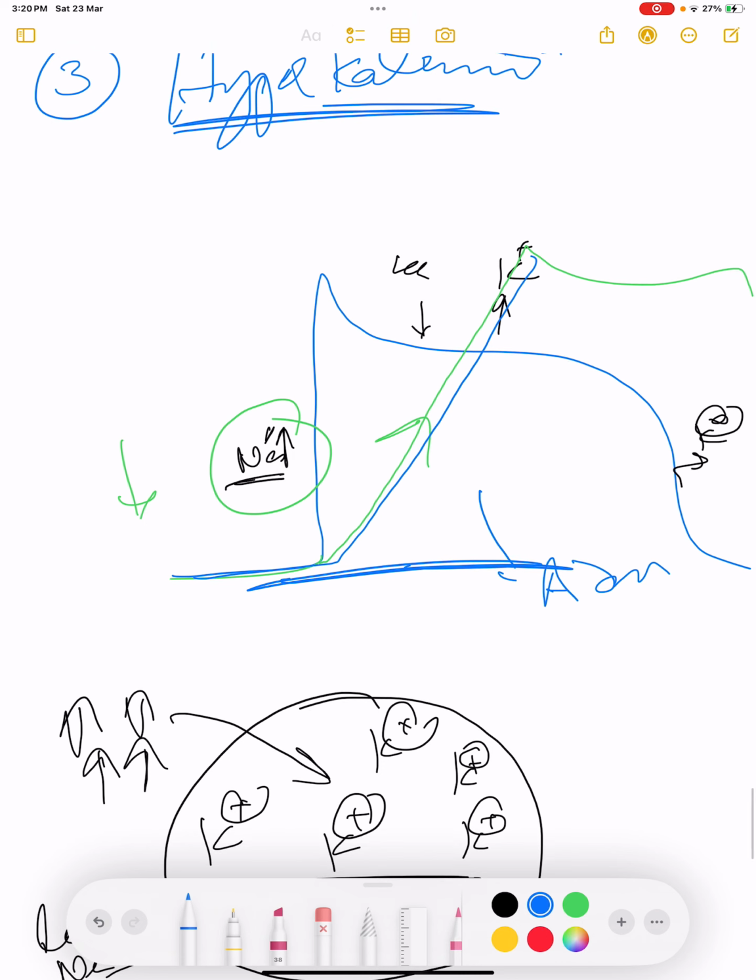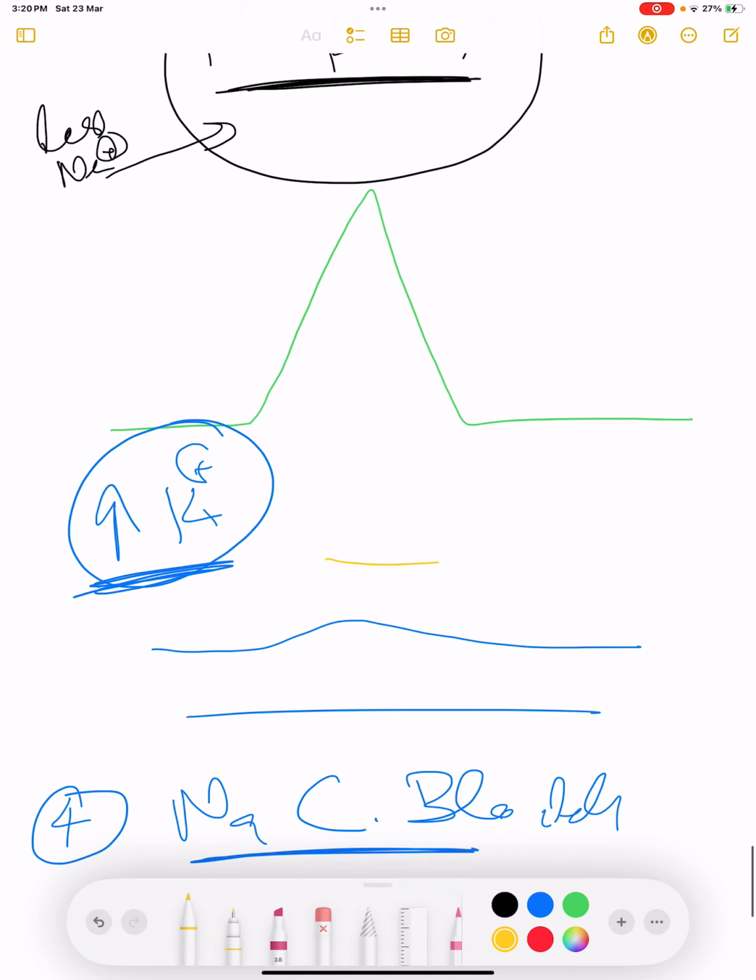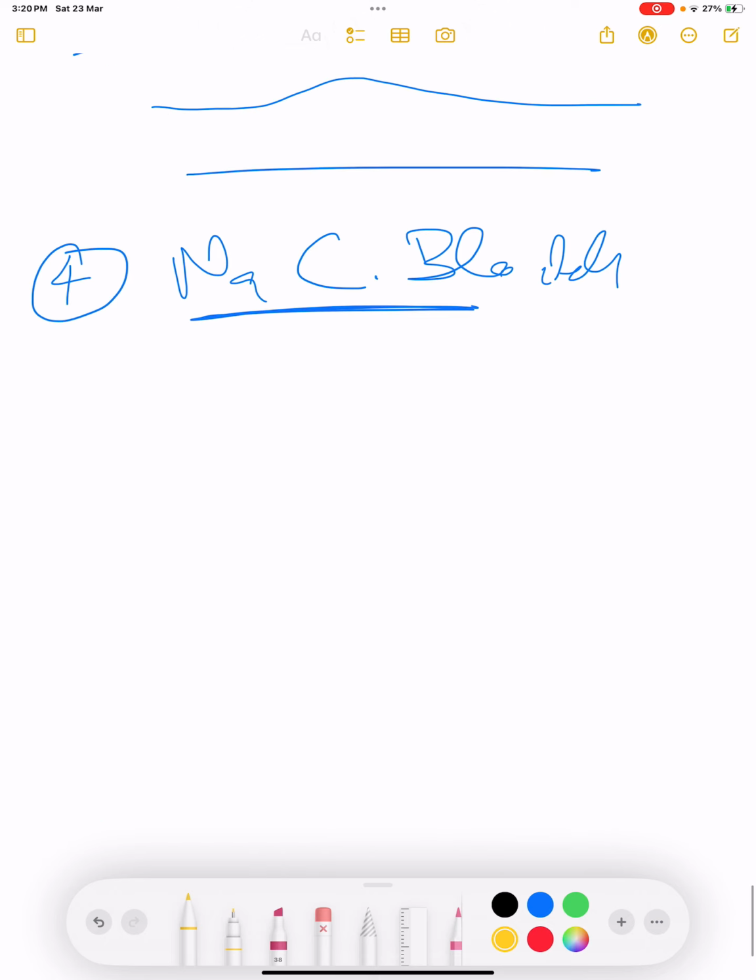If we are taking some drug which blocks the sodium channel, that will lead to less sodium entry into the cell, and this less sodium entry will again lead to a sloping appearance. Instead of steep, there will be a sloping depolarization, which will again lead to a broad QRS complex. So the fourth cause of broad complex is sodium channel blocker.